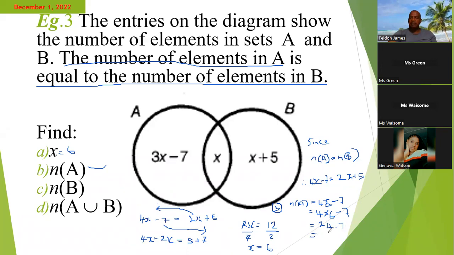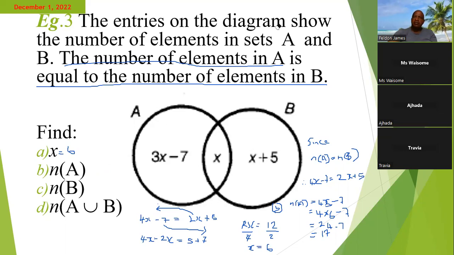So 7 from 24, you get what? 7 from 24, students? That would be 17, right? So that's how we calculate the number of elements in A.